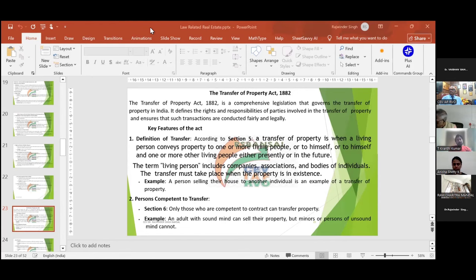Only those who are competent to contract can transfer the property. Remember this. For example, an adult of sound mind can sell their property, but minors and persons of unsound mind cannot enter into a contract, so they cannot sell a property. A minor cannot sell a property. A person of unsound mind cannot sell a property.